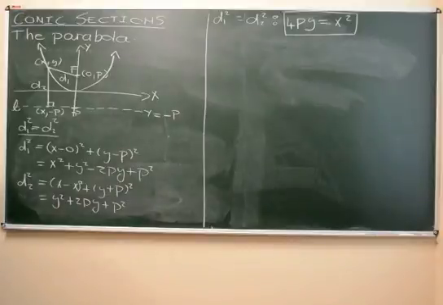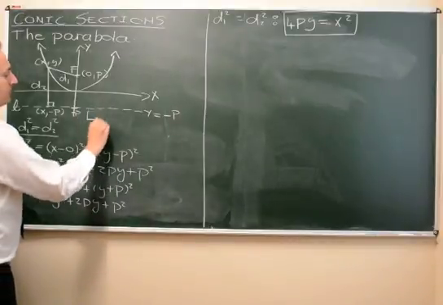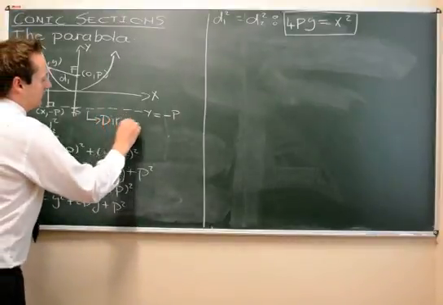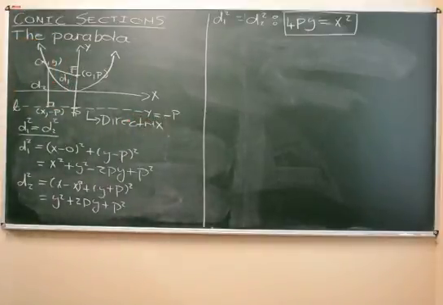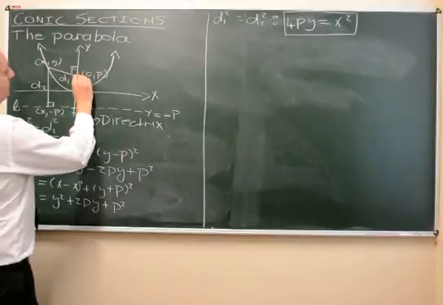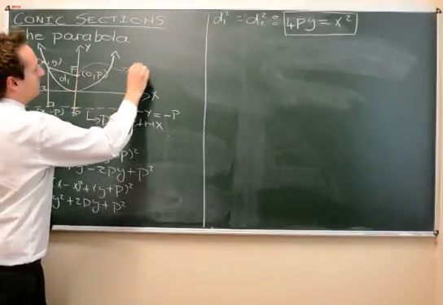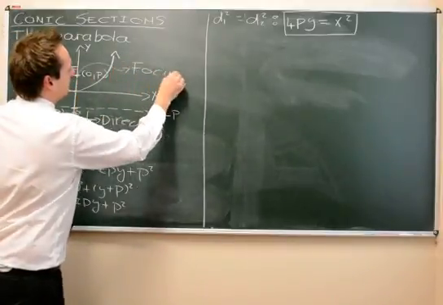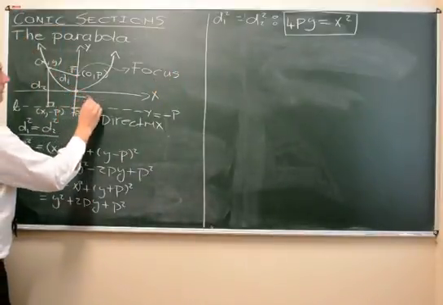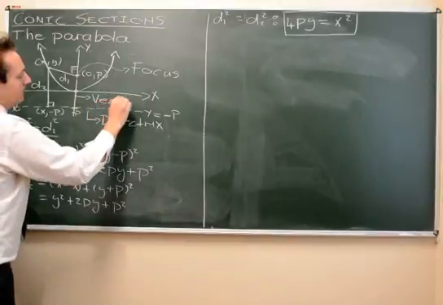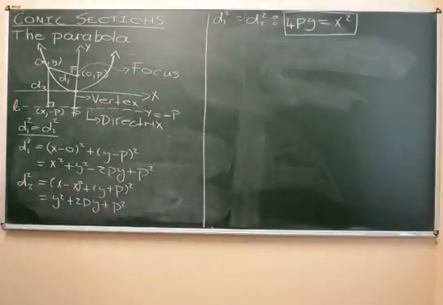And this line we call the directrix. And this point F is the focus of the parabola, and the turning point here we call the vertex.